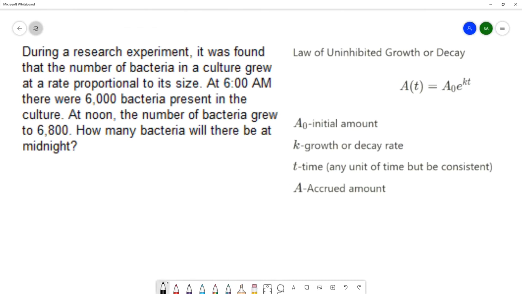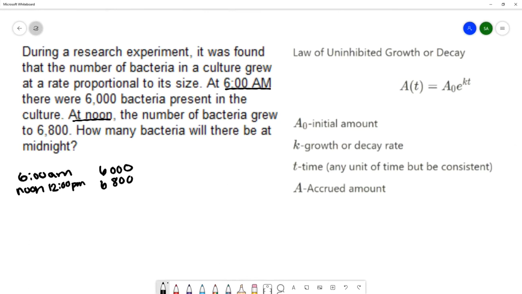It says at 6 a.m. we have 6,000 bacteria. And then at noon, which is 12 p.m., we have 6,800 bacteria.